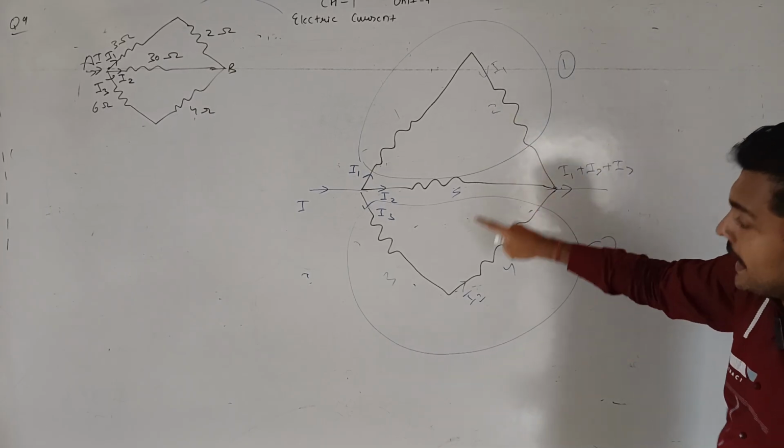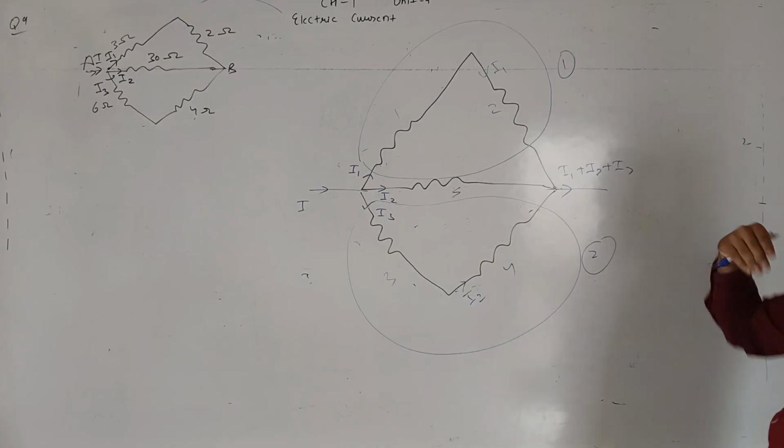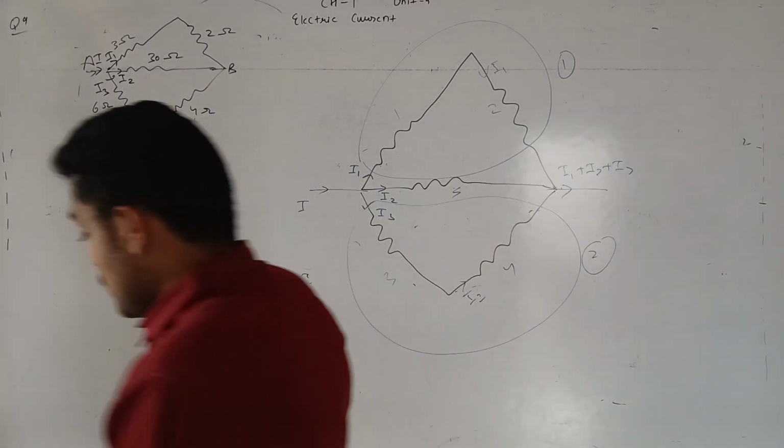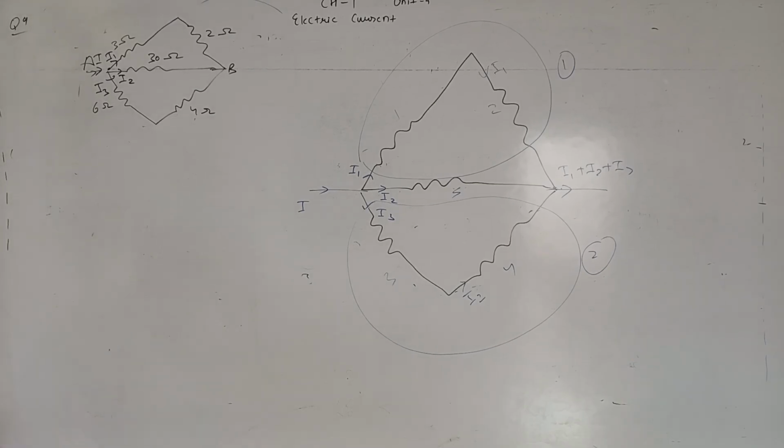These 1, 2 and 3 will be parallel to each other. So how will we break the circuit?